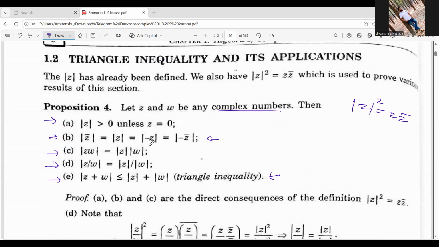So in triangle inequality and its applications, wait for 2 minutes. Yeah, in this section, I think these are basically the triangle inequality.